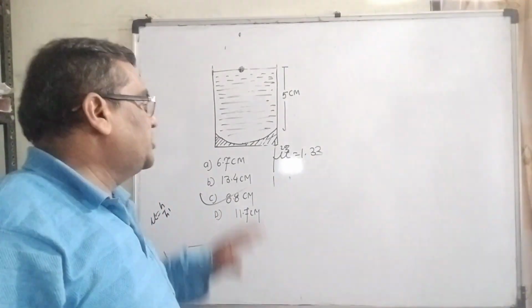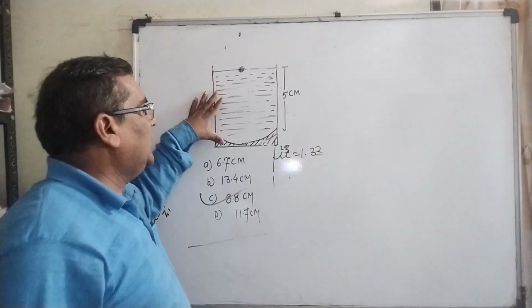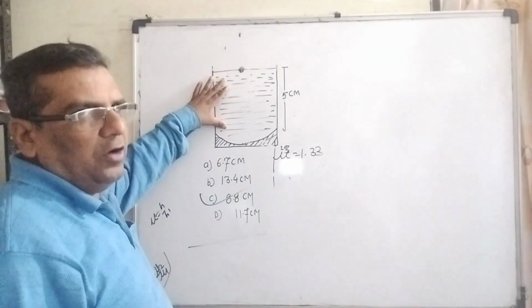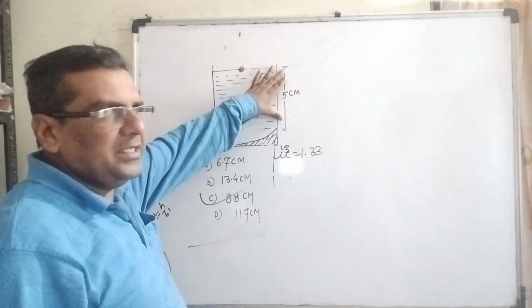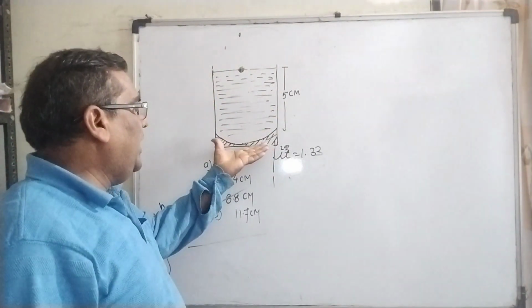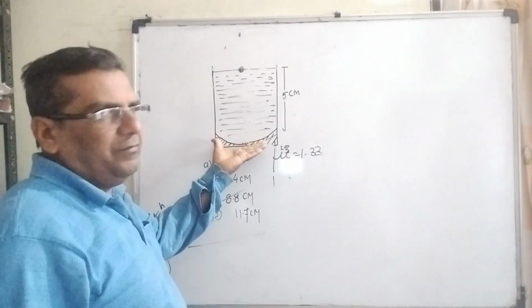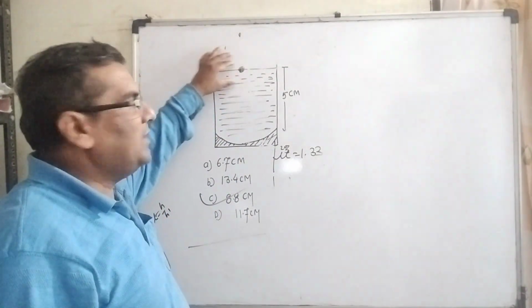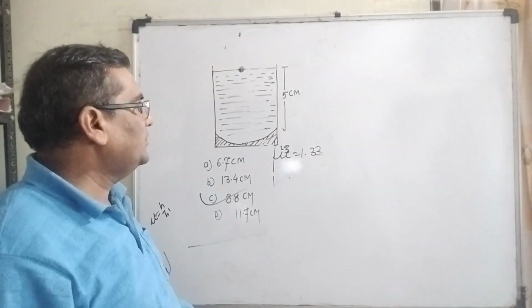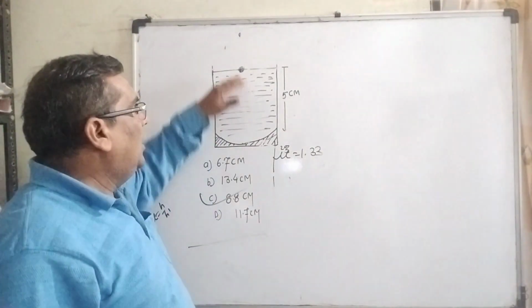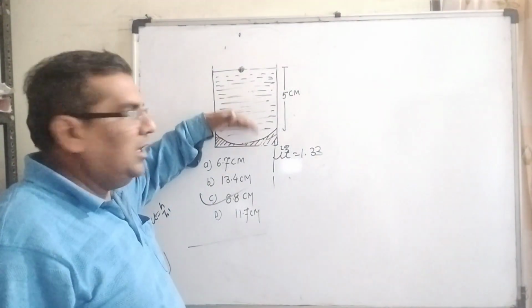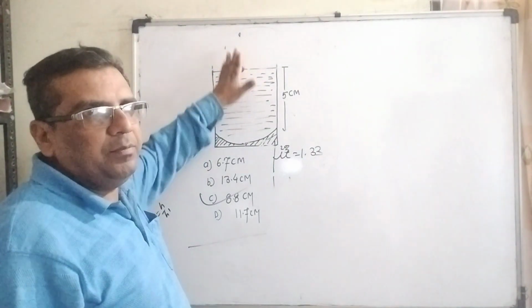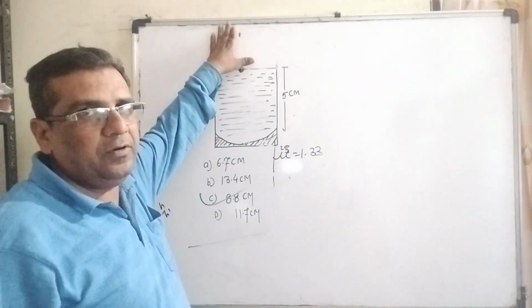Okay, what does the question say? Here you are given a container which is filled with water. Its depth is 5 centimeter and a concave mirror is fixed at the bottom, and an object is floating on the surface of water in the container. We have to find out where the final image is formed after reflection.